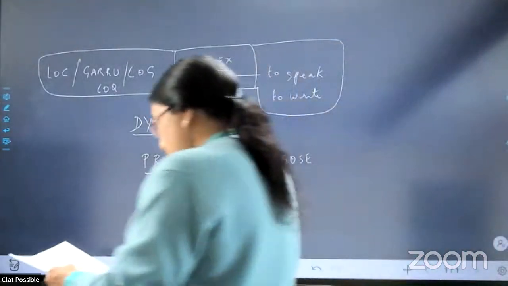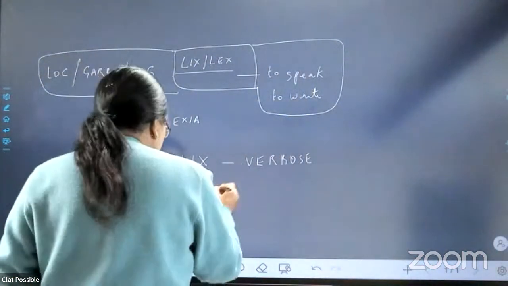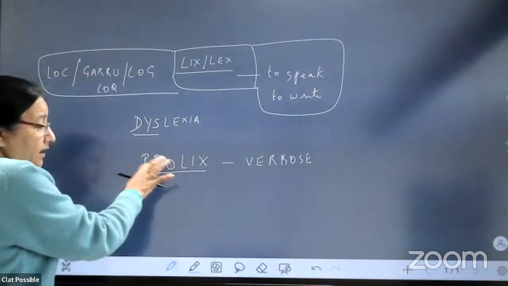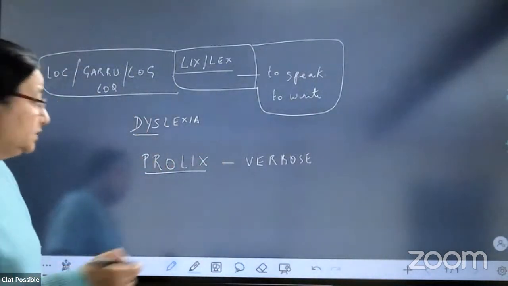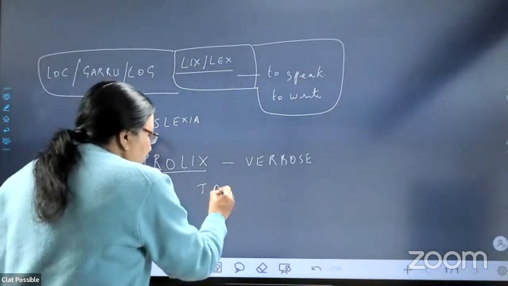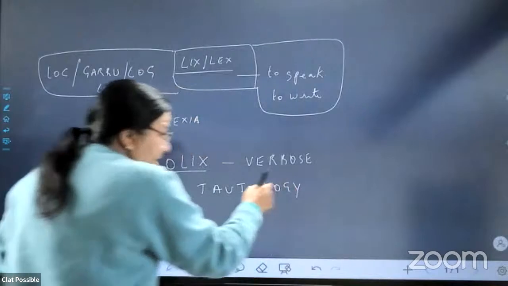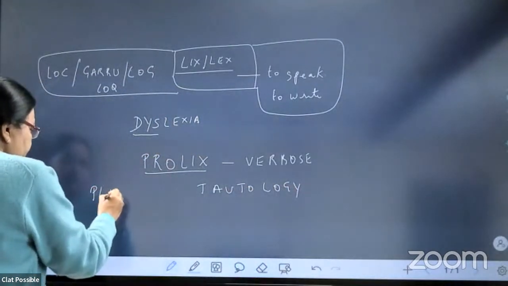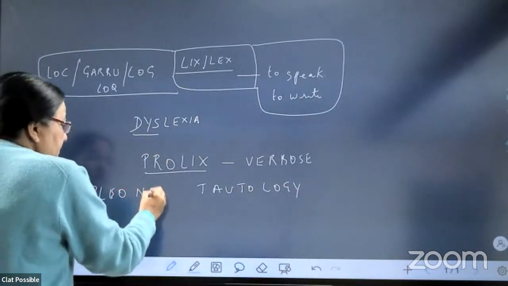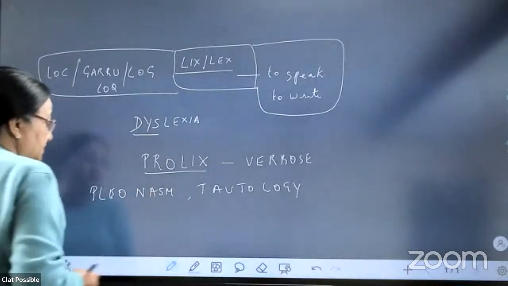What else can we do? It can also be an argument or a line that's full of words. So another word for this can be tautology. I'll give you examples now, just one minute. Pleonasm. These are all synonyms I'm writing now.